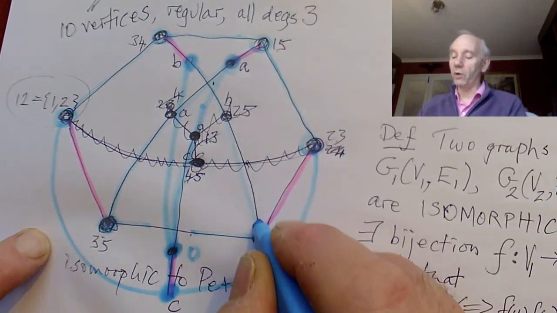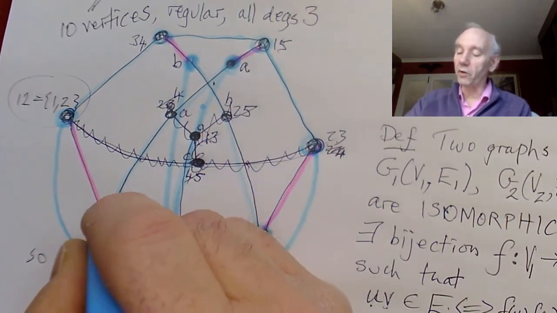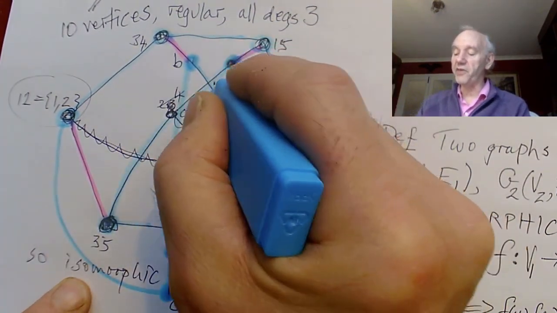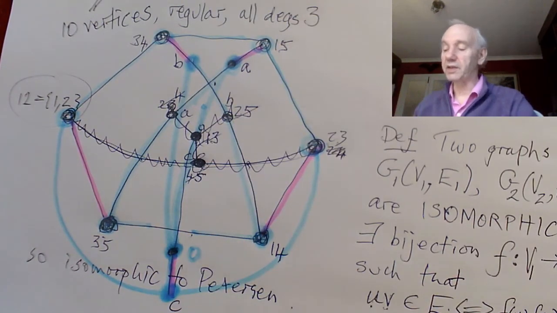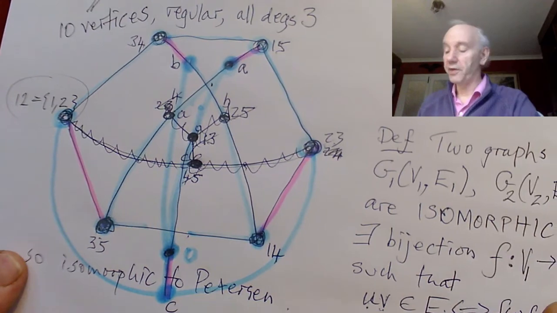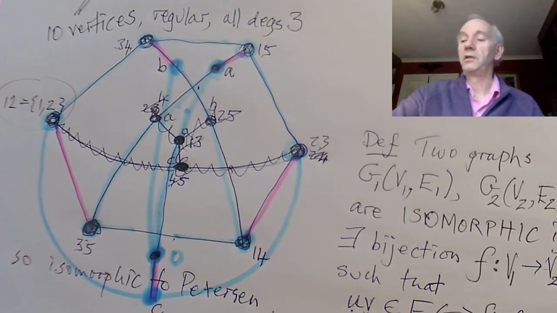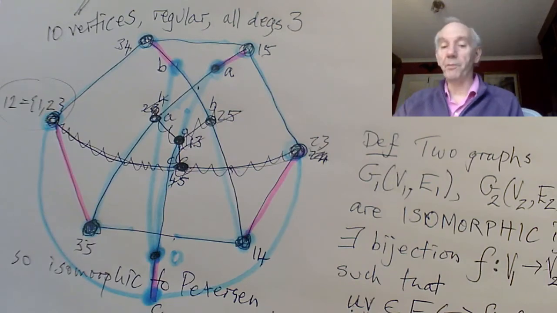And it looks a bit of a mess, but if you look at what I've got on the inside here, it is actually a pentagram. Let's just draw that separately. I'll draw it separately on the right, and you'll see that we really do have the Petersen graph.